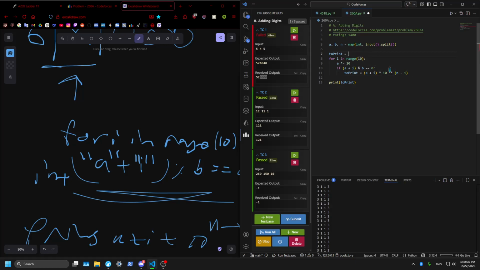Then by default, toPrint equals -1. It's over.